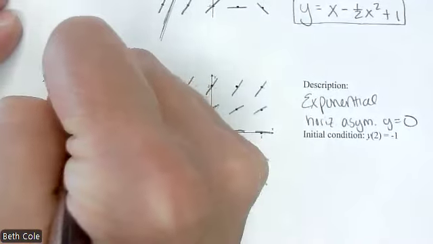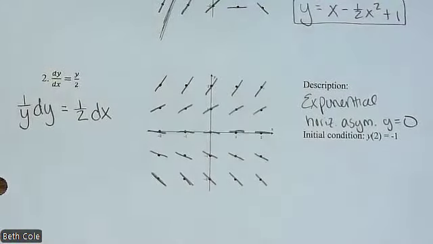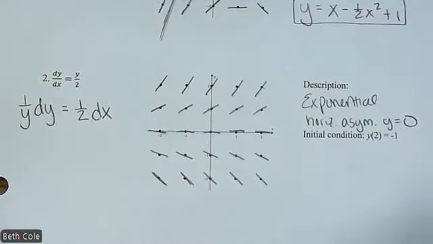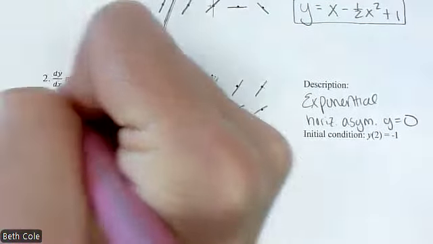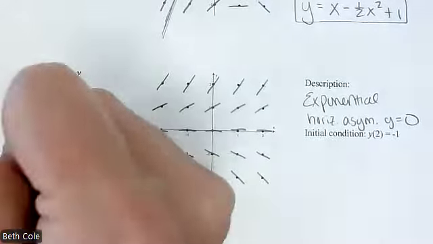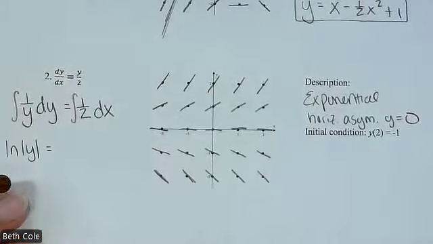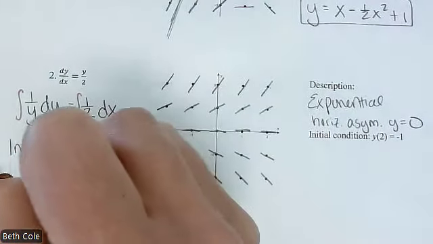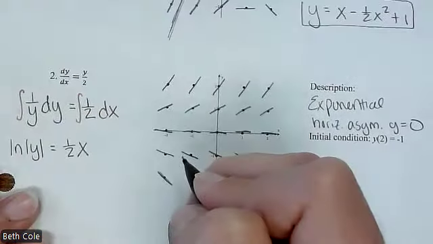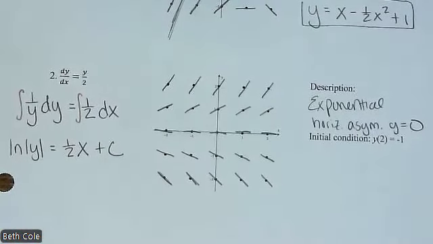So we have 1/2, and then we'll multiply over the dx. And then we're going to do antiderivative. So what's your antiderivative for 1 over y? Yep, ln y. You got it. Equals 1/2 x plus c.